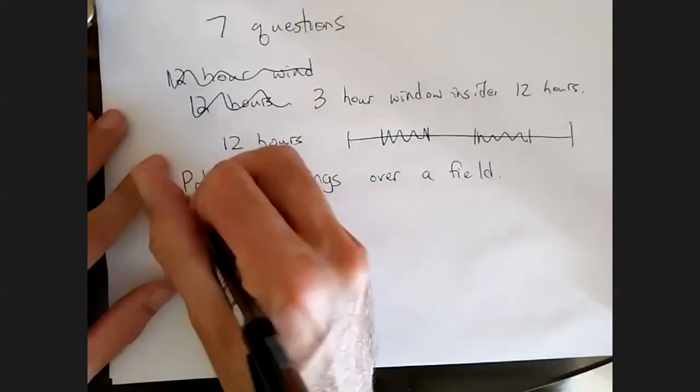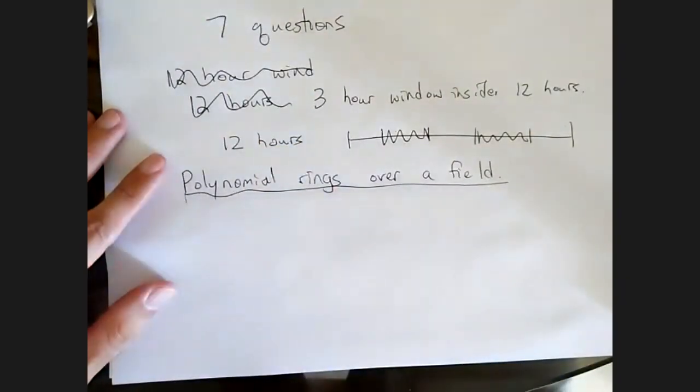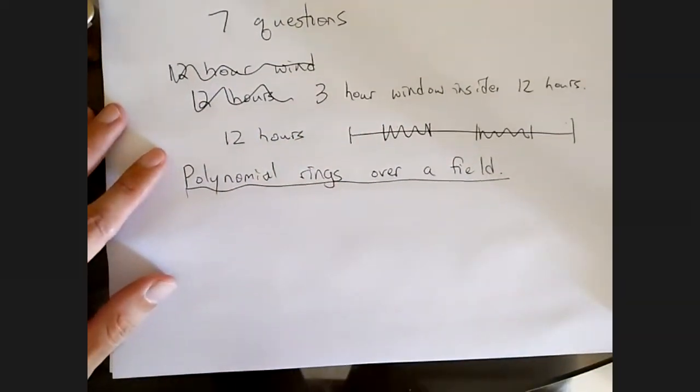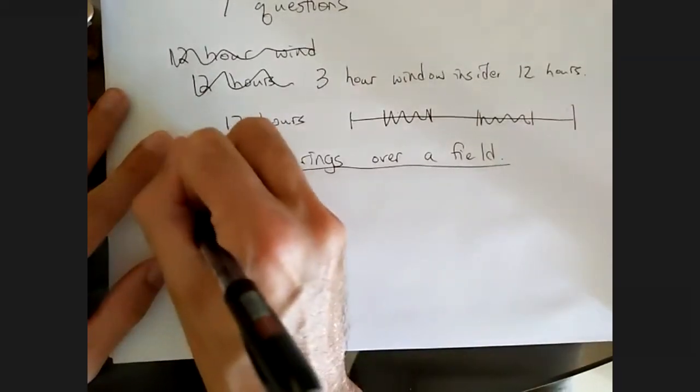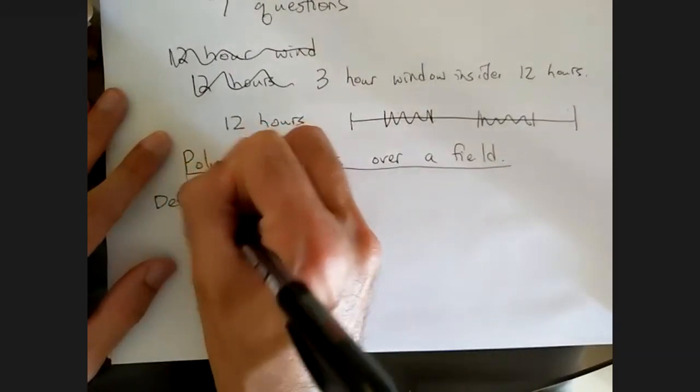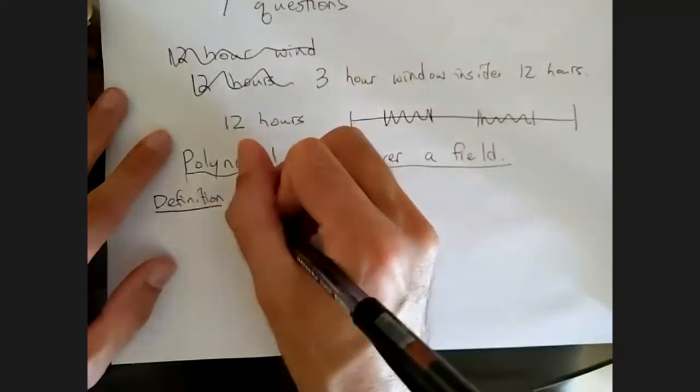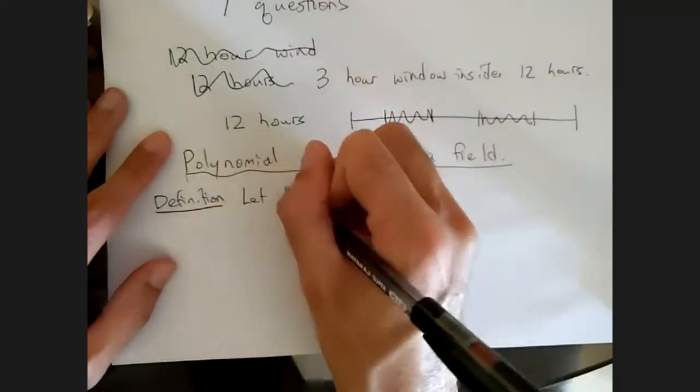Okay, so we just need a definition. Probably I don't need to define this for you, but I'll still define it. Okay, so we have a field K.